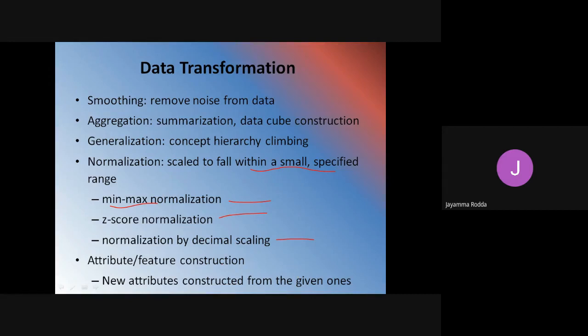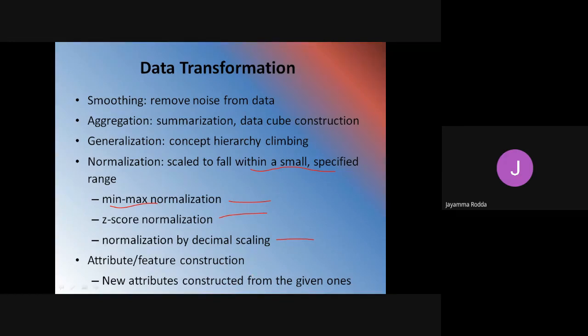Next, another one is attribute or feature construction. So if there is a set of attributes, a new set of attributes are constructed from the existing set of attributes for our convenience.